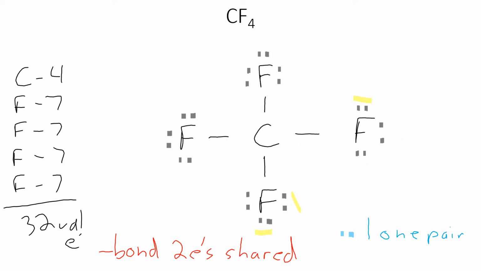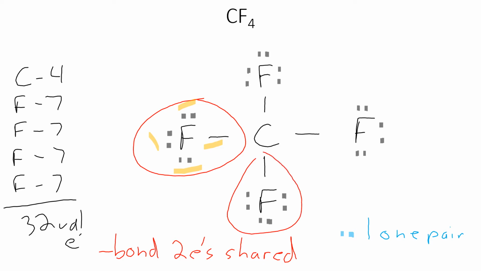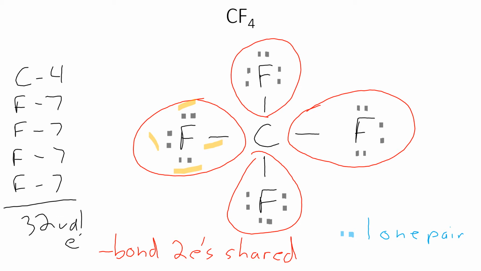The next thing we want to do is to check for that octet rule. Most atoms are going to follow the octet rule in our Lewis structures. So what we're going to do is check each of our atoms. If I look at this fluorine on the left, does that have 8 electrons around it in its area? 2, 4, 6, 8. Yes. Now if I check the other fluorines in the same way, the fluorine on the bottom, the fluorine on the right, the fluorine on the top, they should also all have 8 electrons in their area.